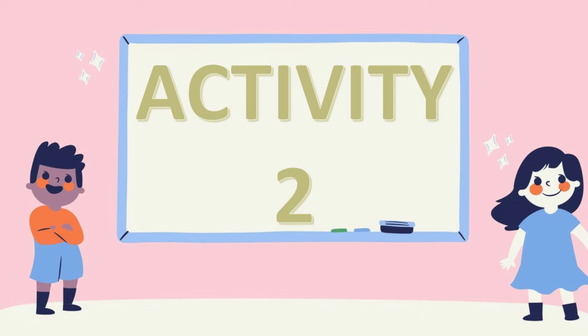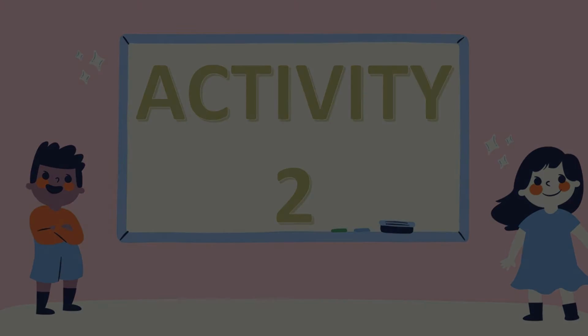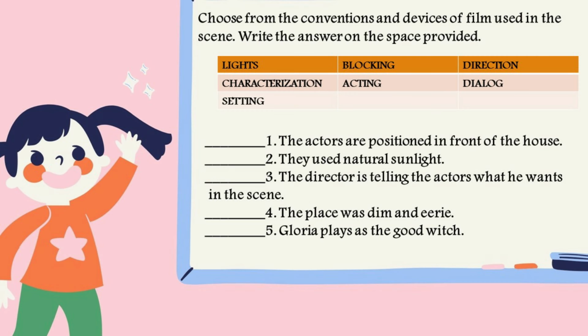Are you set for the next activity? Activity 2. Direction. Choose from the conventions and devices of films used in the scene. Write the answer on the space provided. Number 1. The actors are positioned in front of the house. Number 2.